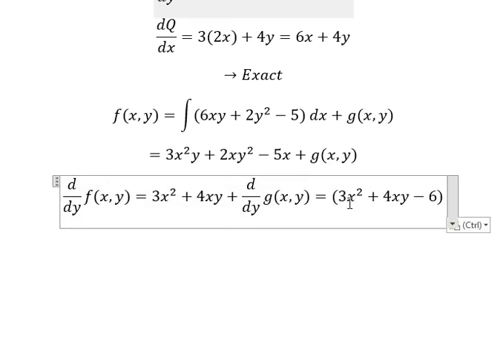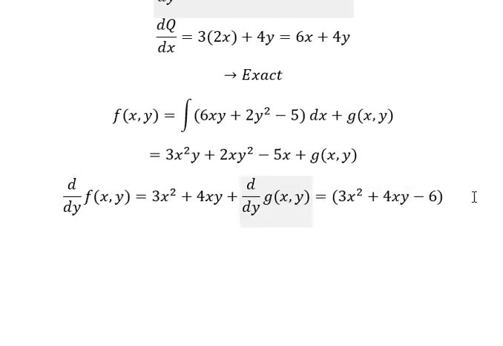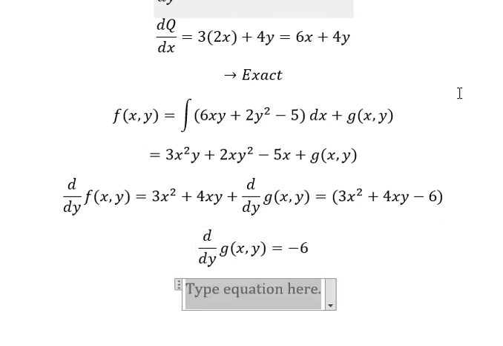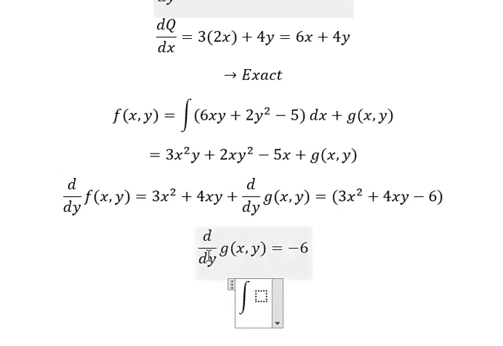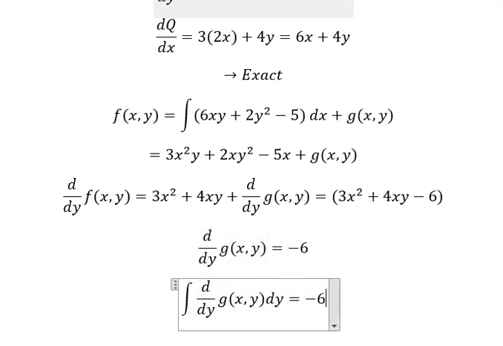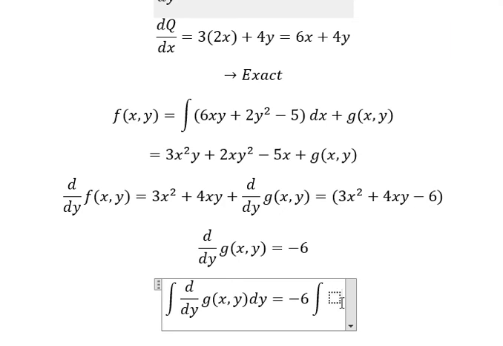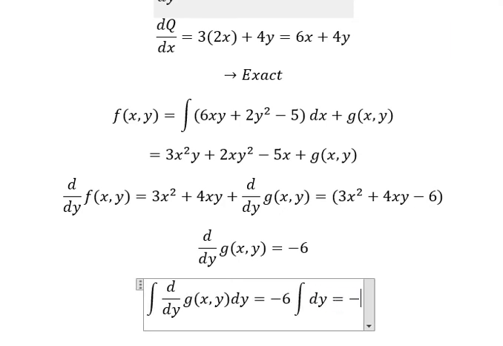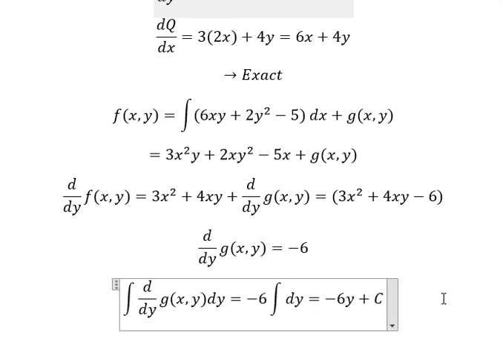Now we simplify 3x squared for x squared for both sides. And now we just have like this. Next, we need to put the integration for both sides. And now we have like this.